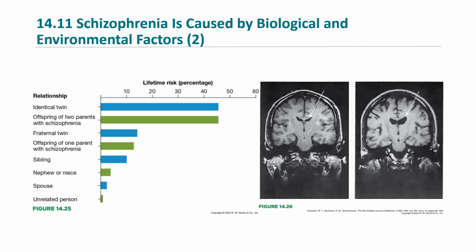If both parents have schizophrenia, there's about a 45% chance that the child will have schizophrenia as well. And then you can see other relations. Fraternal twins, the offspring of one parent. If just one of your parents has it, these are all around 10% or so. Siblings, which is my case. So I had a 10% chance of having it.